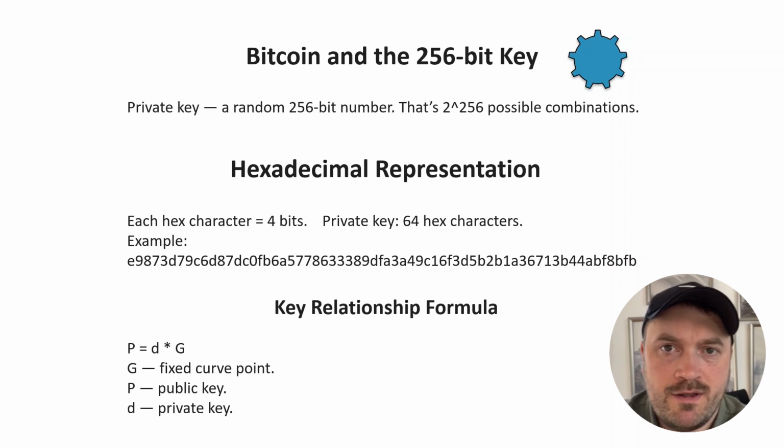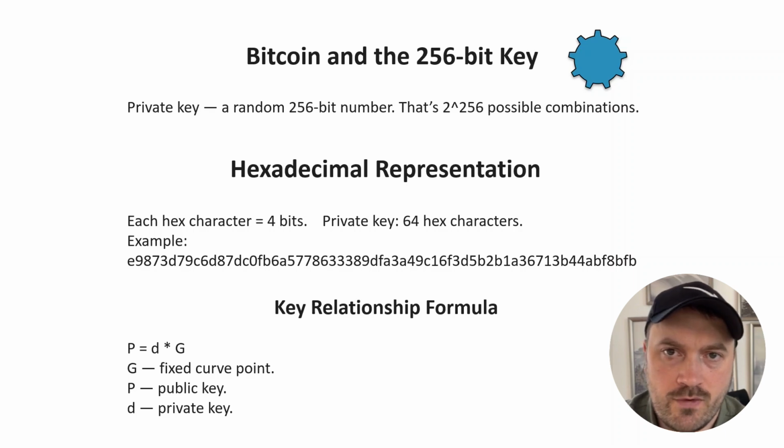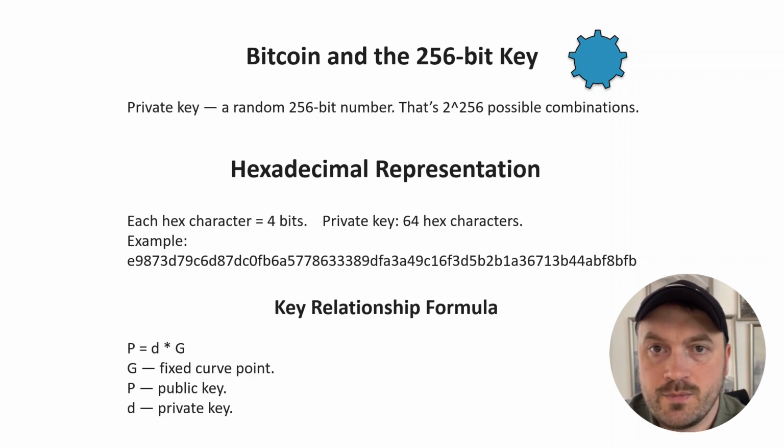How is a public key derived from the private key? This mathematical operation is used: P = D times G, where D is our private key, a 256-bit number, G is a predefined point on our elliptic curve, and P is the result of the multiplication, the public key, also a point on the curve.